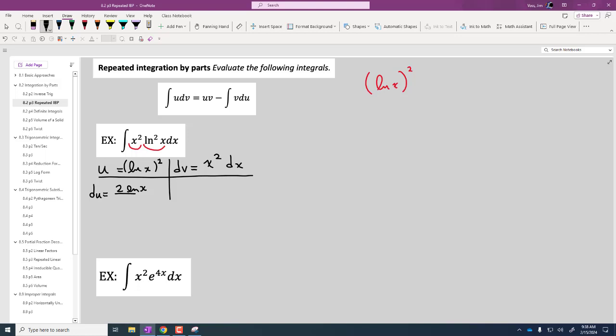The derivative of natural log of x is 1 divided by x, and then we have to put a dx in here as well. So there is du. And we've chosen x squared over here for dv, so that's easily integrable. That's going to be x cubed divided by 3. And again, we'll pick integration constant of 0.